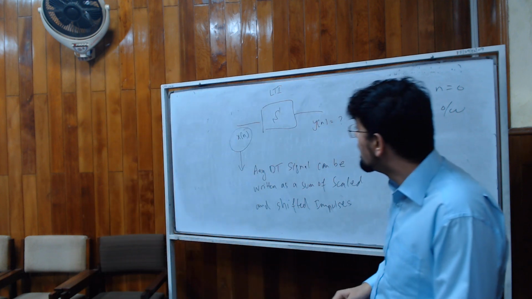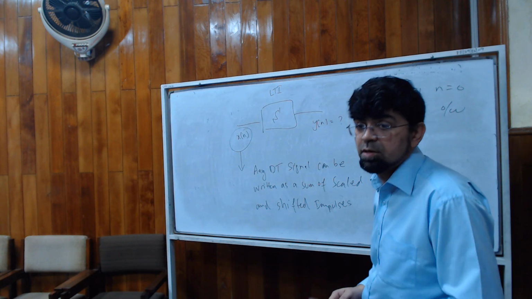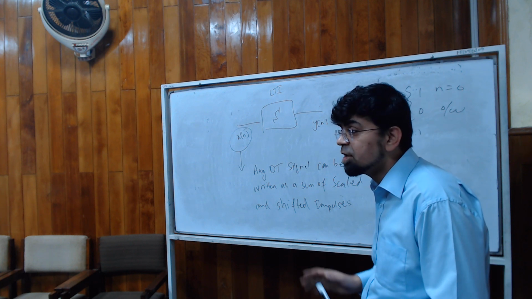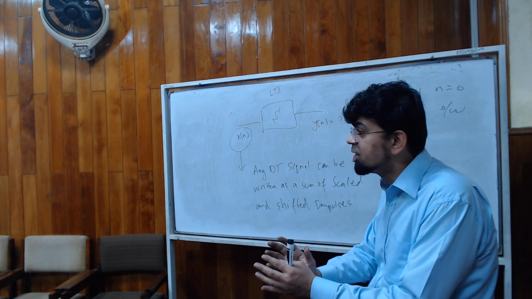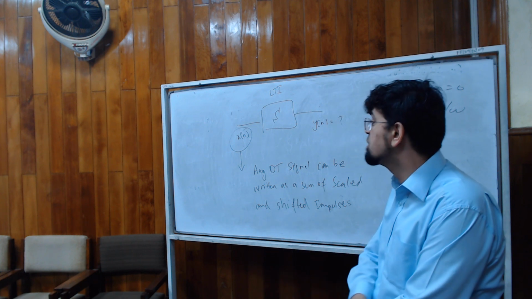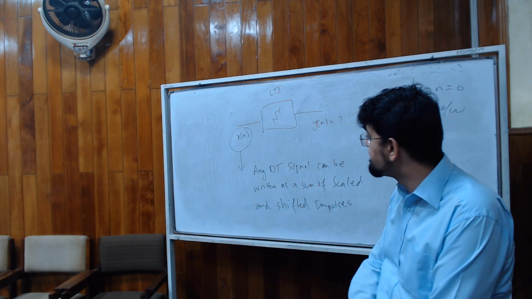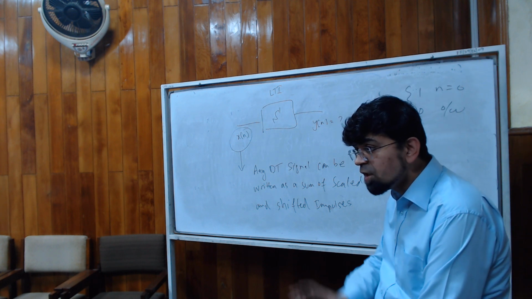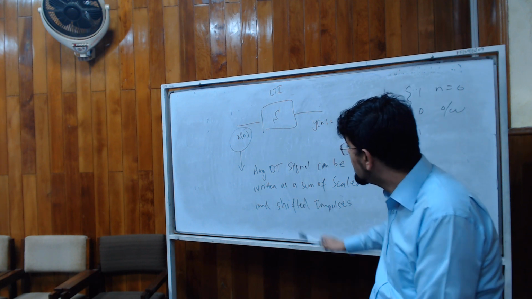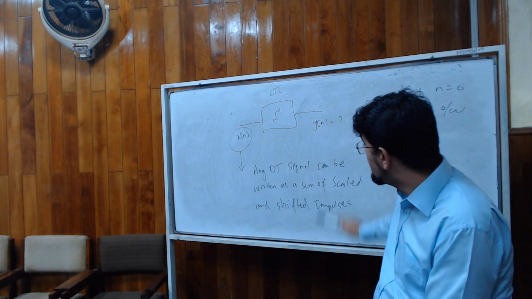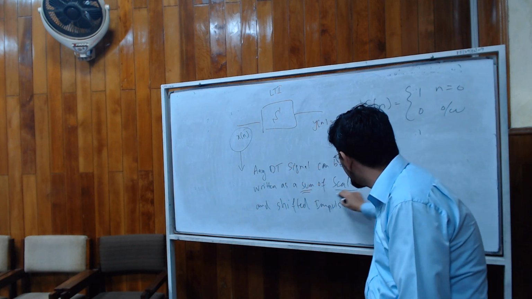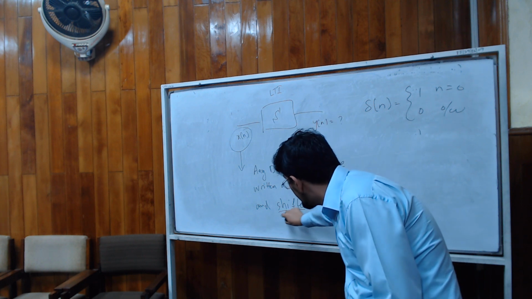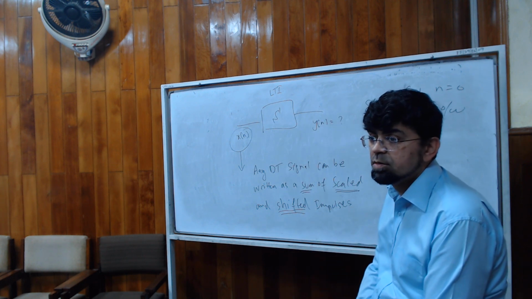So now the second thing in our toolbox that's going to help. The first was that we limited ourselves to LTI to answer that. The second thing that's going to help us is this claim. It's not restricting anything. It's saying any discrete time signal can be written as a sum of scaled and shifted impulses.